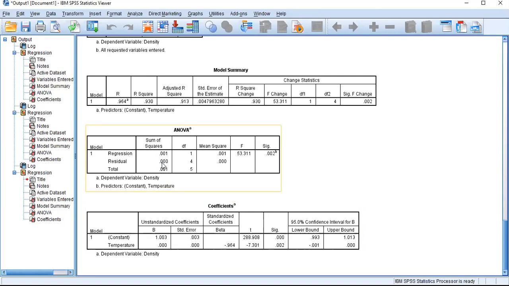So the residuals and the error are the same wording that they use. Then DF is for degrees of freedom, and then mean square, it might be mean square for the regression, mean square for the residuals, or mean square for the error. Then we've got the F, and then we've got the p-value, which is under sig, which is 0.002.